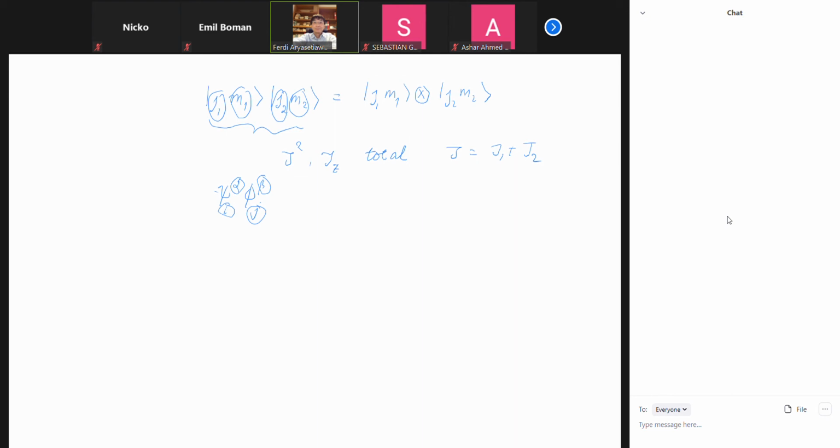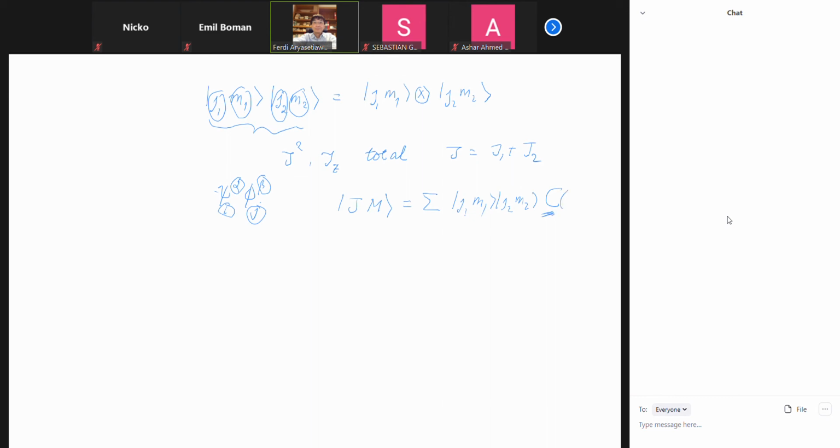If you recall, the total angular momentum states, we call it capital J, M, is a linear combination of these product states, and the coefficient is given by the Clebsch-Gordan coefficients.